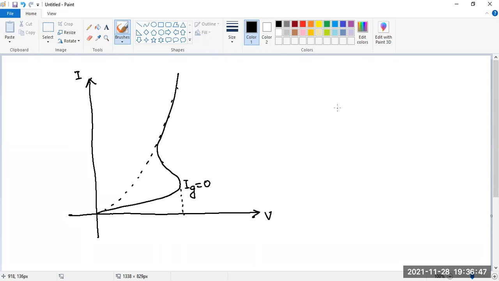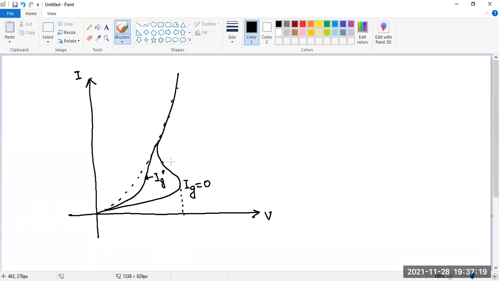What are the different ways it can be turned on? If it has gate current, it will follow similar characteristics, but for a low value of voltage it will be turned on. So this is another gate current Ig prime, where Ig prime is not equal to 0. It is some finite value.